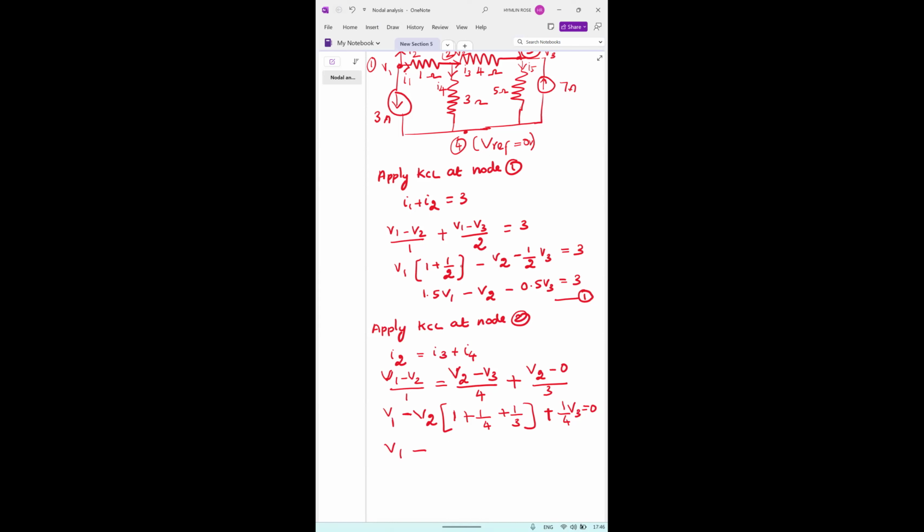So V1 minus, 1 plus 1 by 4 plus 1 by 3, which sums to 1.585 V2, and 1 by 4 is 0.25 V3, equals 0. That is nothing but the second equation.